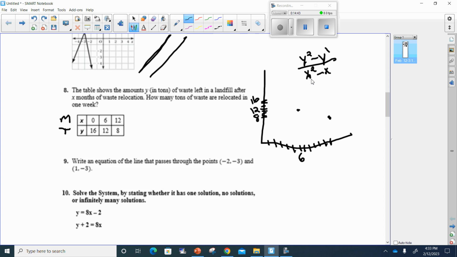Okay, and it looks like it's dropping, to me, for every 6 this goes down, it looks like a slope of 2, right? But let's go ahead and check it out. Maybe I'm wrong here. Y2 is going to be 12. We're going to minus y1, which was 16.